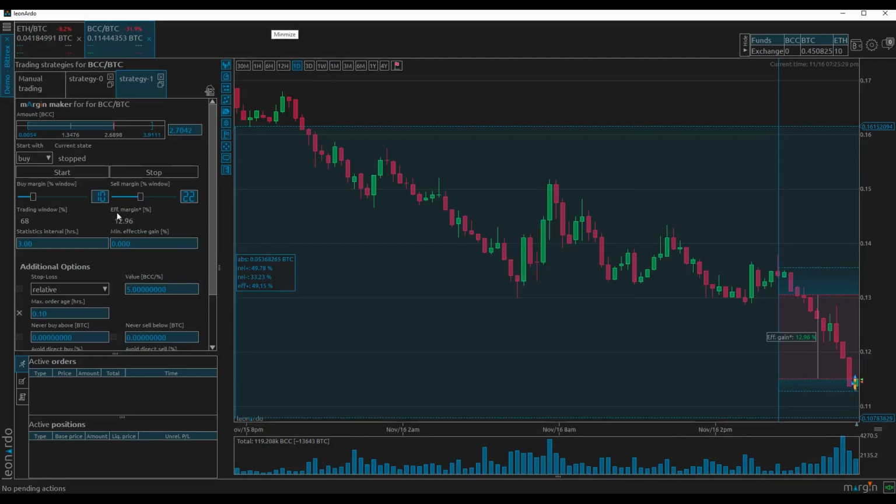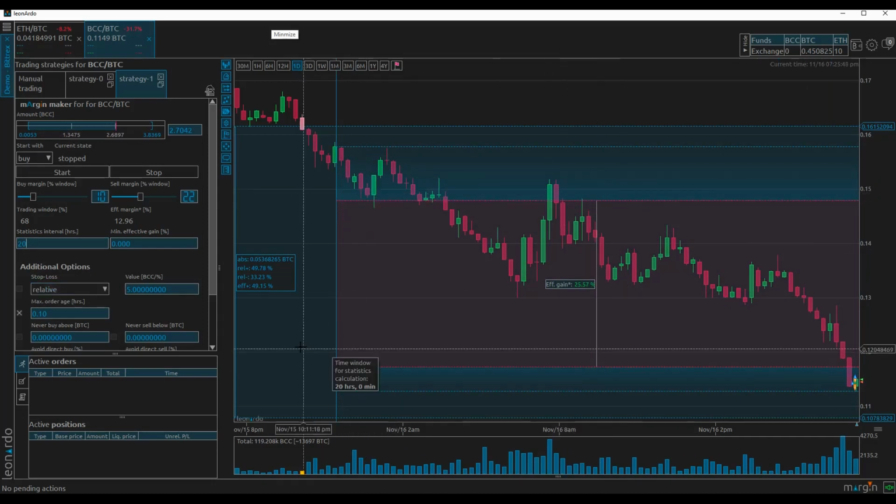And right now, on the current strategy mode, it tells you what your effective margin is. And then here you can select how long in hours you want the window to use. The default is 3 hours, but you can change it to 5, or even 10 hours, 20 hours even.